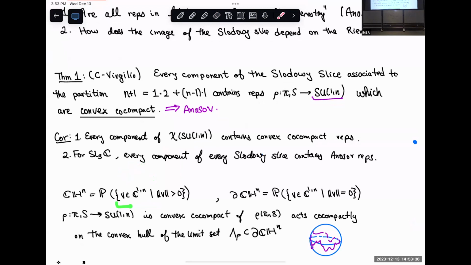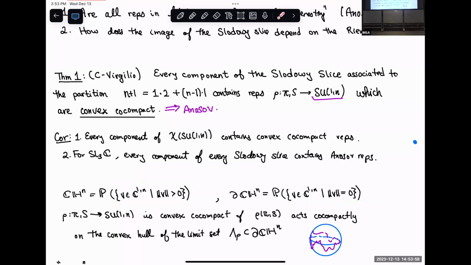It's the projectivization of all vectors in C^{1,n} whose norm is positive, so the projectivization of positive lines. And its boundary: how can a positive line degenerate? It can become isotropic. So the boundary of complex hyperbolic space is the set of isotropic lines.